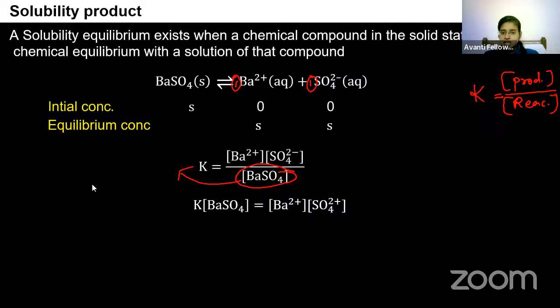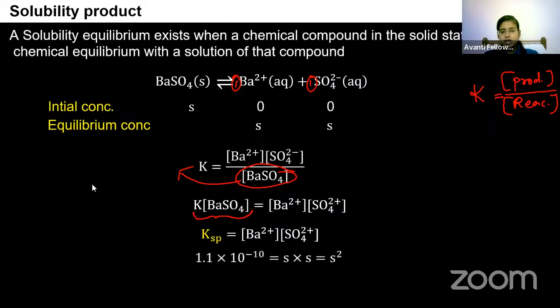This K into the concentration of BaSO4 is written as Ksp, which is called the solubility product for that reaction. The Ksp value for barium sulfate is 1.1 x 10^-10. You don't have to worry about this value because it will be given to you in the question.